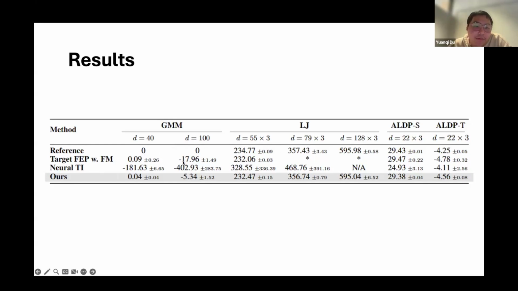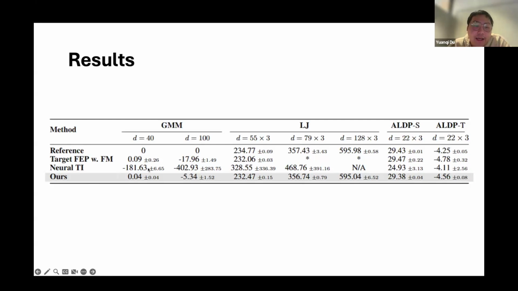For some simpler systems it works okay, but it gets very bad with larger systems because of the divergence. Here we didn't use any approximations to the divergence, and with 55 dimensions it's almost uncomputable. It takes more than a day to compute the free energy difference, but of course it can be done better. But for LJ, you can see if it can be calculated, it's okay.